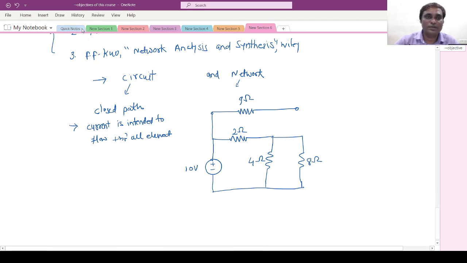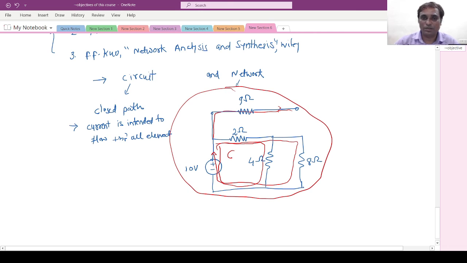Now I have to identify which is a circuit and which is a network. If I start from this point, go here, from there go here, and return to the same point, this is a circuit. Again, if I start from this, go here, here, and here, reaching back, this is also a circuit. But if I start from here, go here, but cannot go anywhere else because of the infinite resistance, then this whole is a network, but the circuit is a special kind of it.